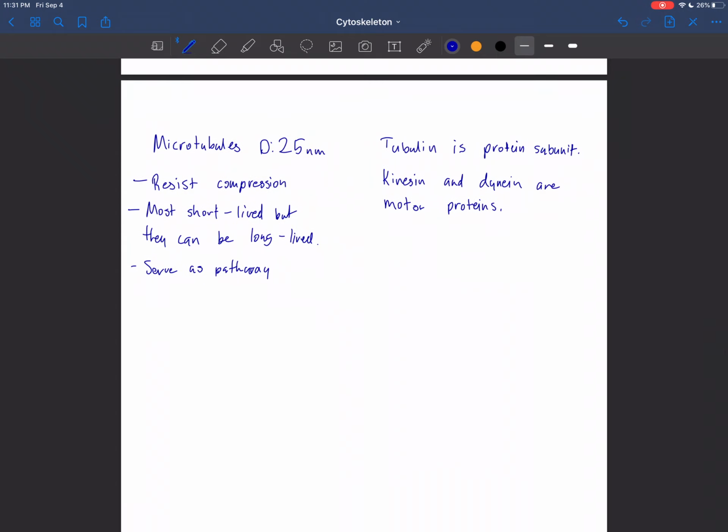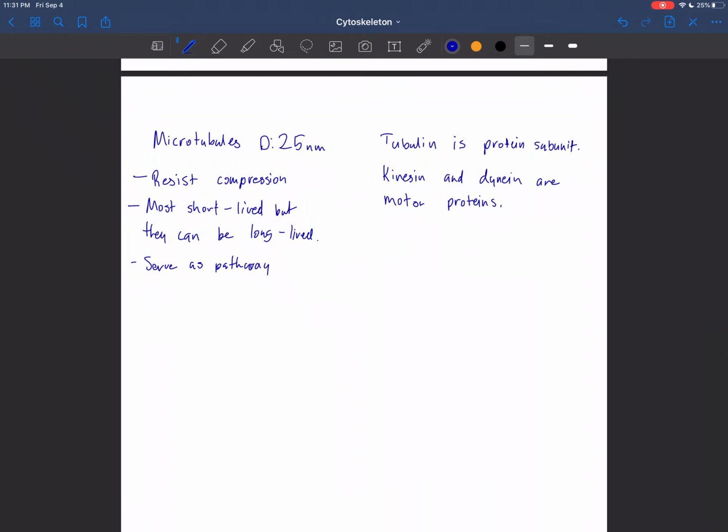One of the things microtubules do, during mitosis, is move the chromosomes to where they need to be. There's this thing called the spindle apparatus, and the motor protein dynein is involved.